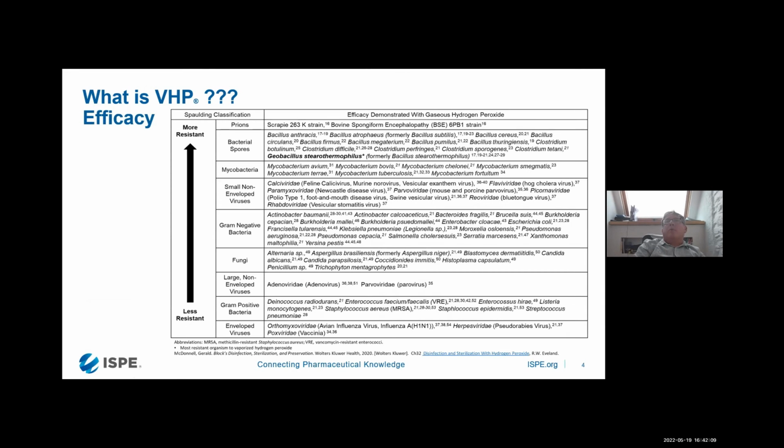In terms of efficacy, the spectrum of kill of the VHP technology is the widest on the market. We go from the easiest to kill, like enveloped viruses, up to bacterial spores, which are the most resistant, up to prions. Prions are a different industry.